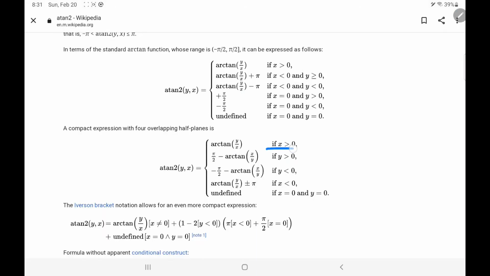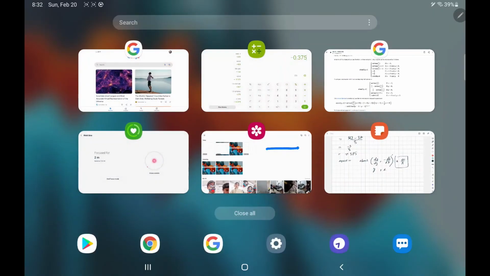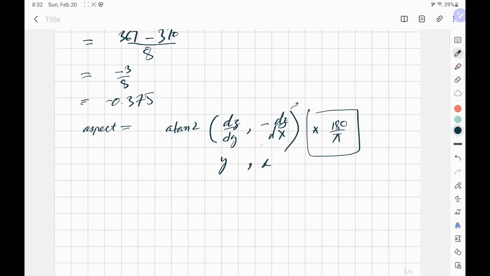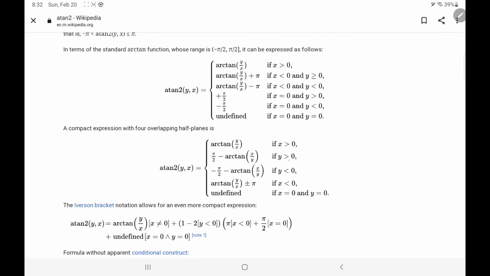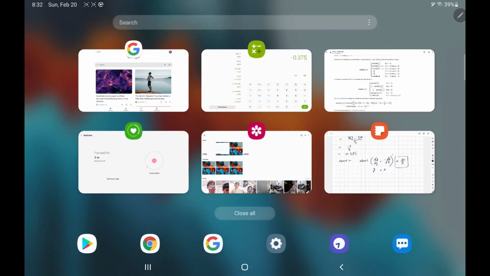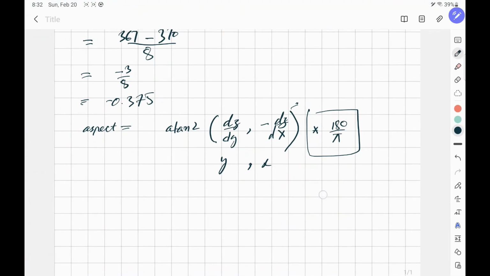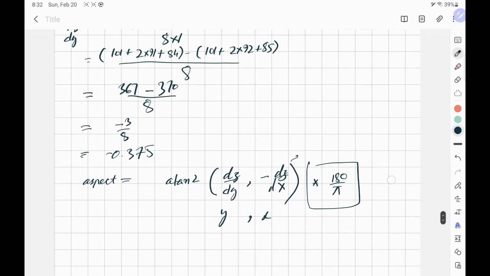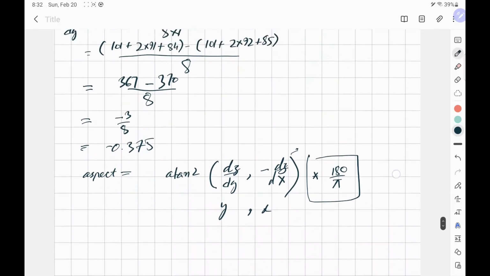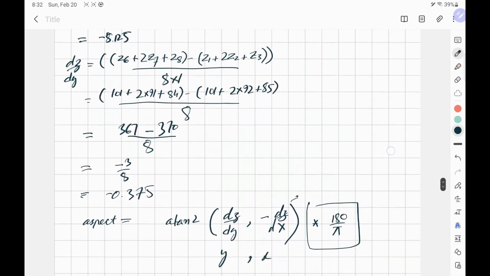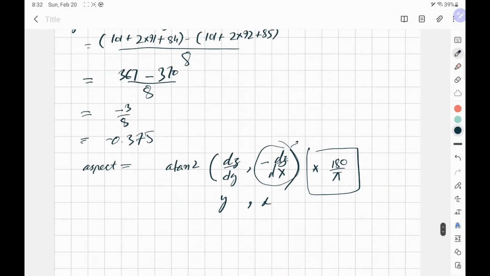Is x greater than 0? Is this fulfilled or not? Let's see. Yes, it is true, because we have slope in negative, and minus multiplied with minus will give you plus.